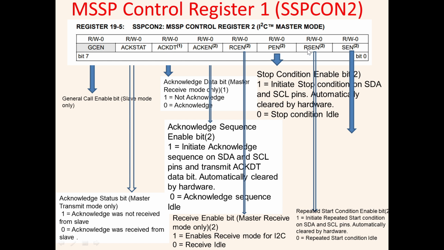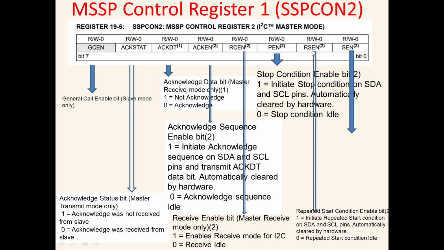After that, there is the RSEN signal. This RSEN is nothing but the repeated start condition bit. It will initiate the repeated start condition on your I2C pins. And if you don't want it to repeat the condition with that same slave, you can disable this bit.